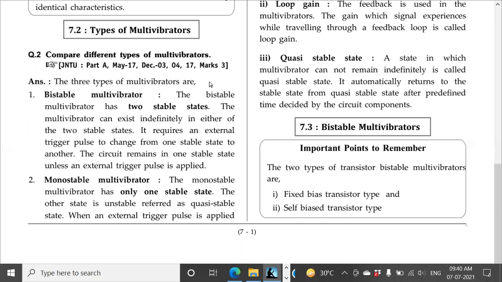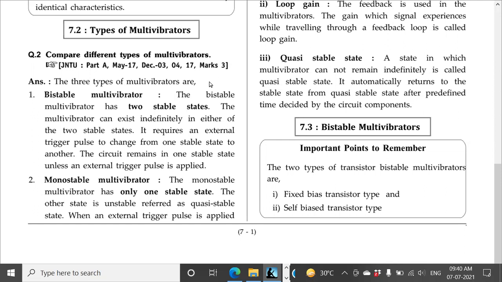So we have only one stable state. The other state, for which it will stay for only a small duration, is called the quasi stable state.